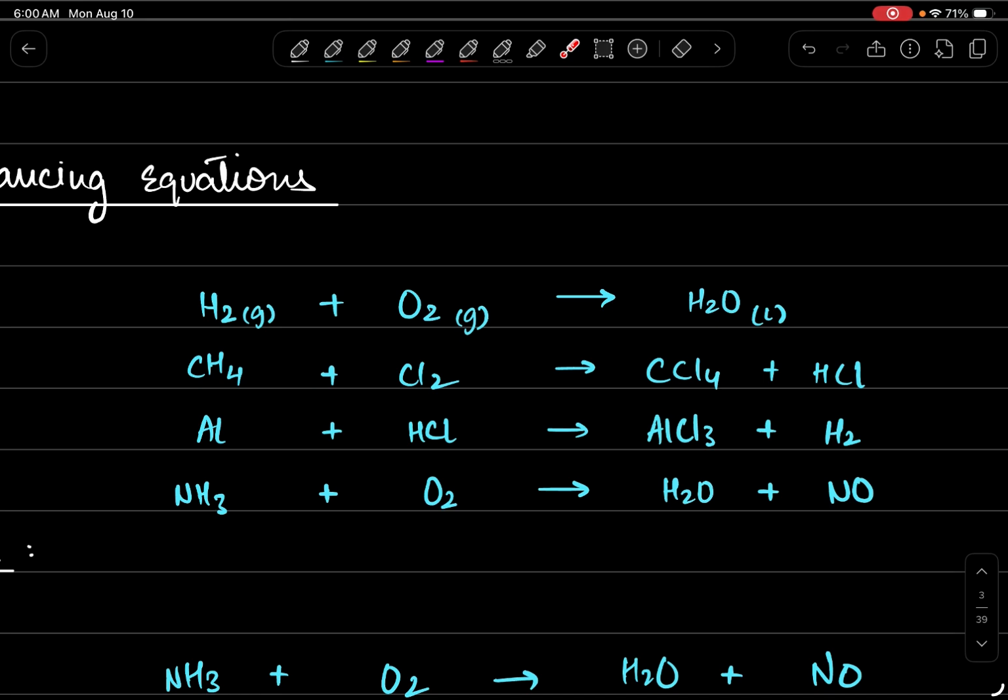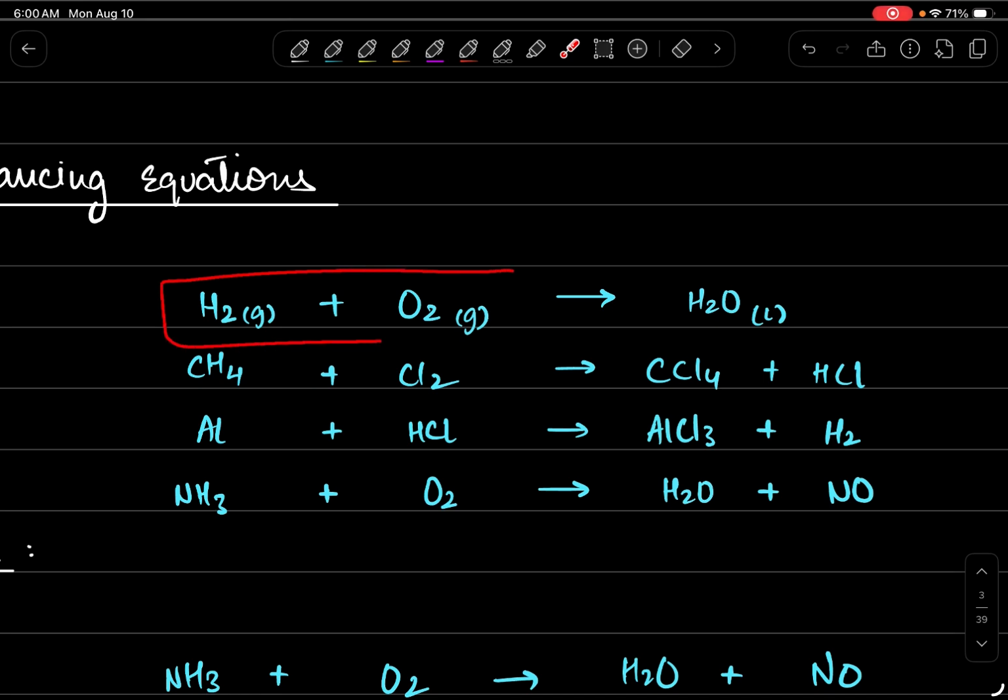Because in chemistry, the rule is really simple: whatever moles of product are formed, the same number of moles has to be there in the reactants for each element. What do I mean by that? For example, in the reaction you can see there are two sides.